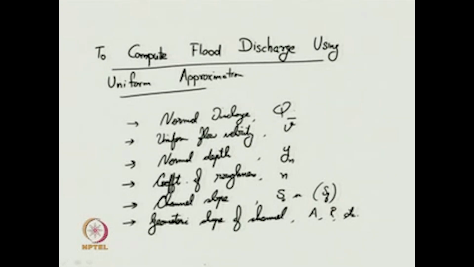Similarly, if normal discharge Q is given to you, and the other parameters, normal depth, coefficient of roughness and geometry of the channel, are also provided, you can easily compute the normal slope of the channel. Some problems related to these we have also computed. So, you have to recall them and use those concepts.